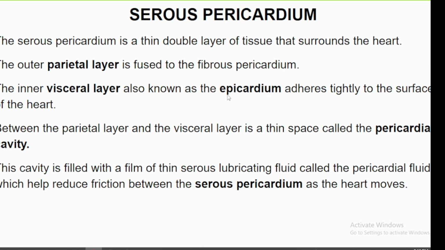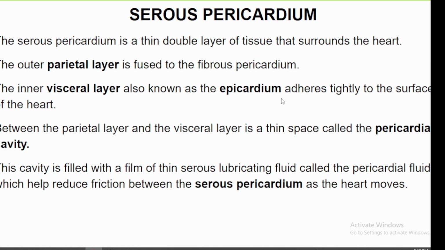My students, please pay heed to this. The inner visceral layer of the pericardium is called the epicardium. It is called what? Repeat after me. The epicardium. All right. The inner visceral layer of the serous pericardium is called the epicardium, and it adheres tightly to the surface of the heart.